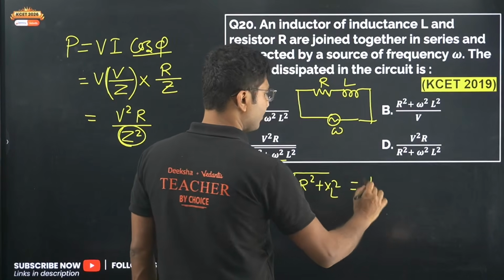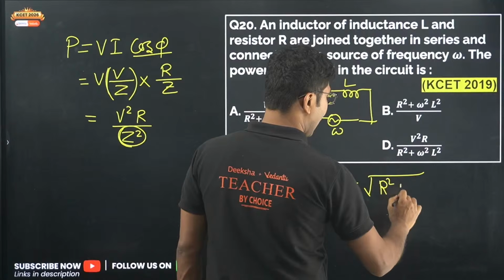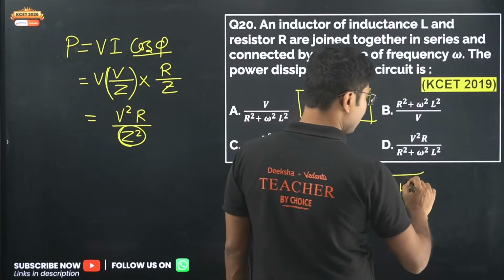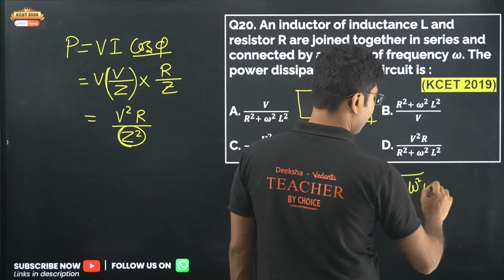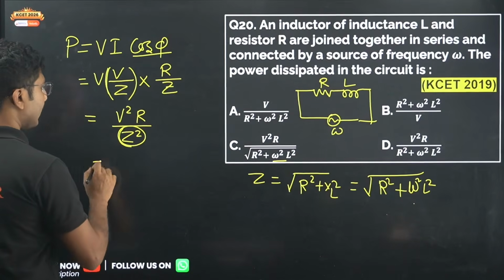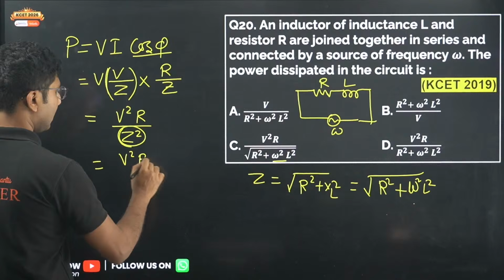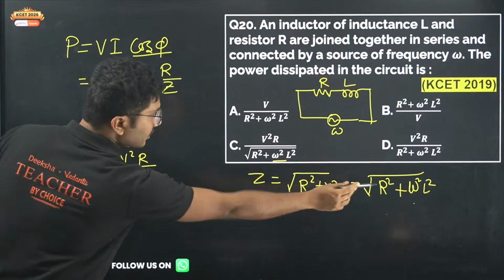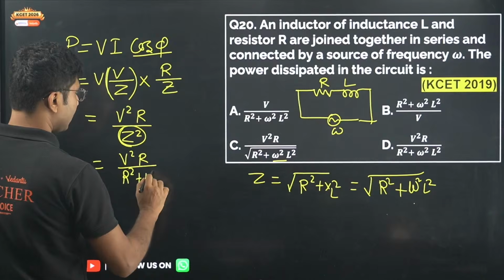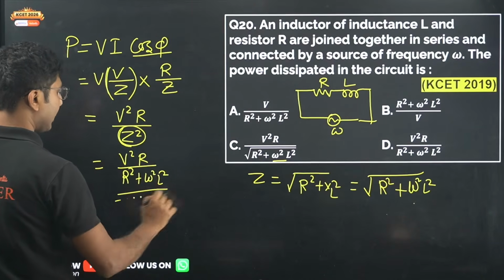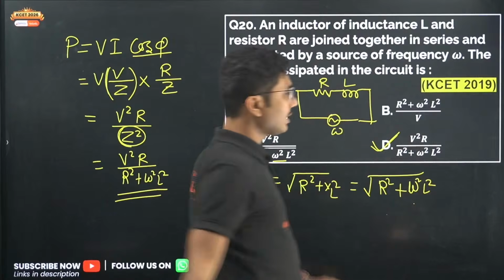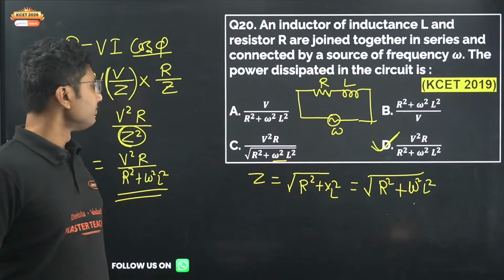XL is omega L, so omega square L square. So this is the value of Z. If you put that, you get V square R divided by the square of the square root, that means the square root will disappear, and you get R square plus omega square L square. So this is the correct answer. If you consider the power factor, the answer will be this one.